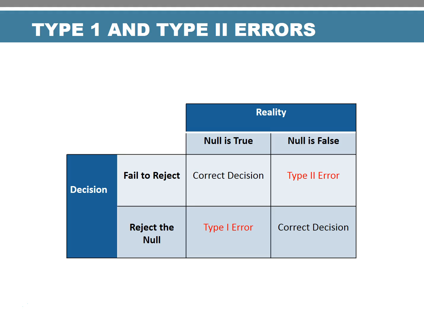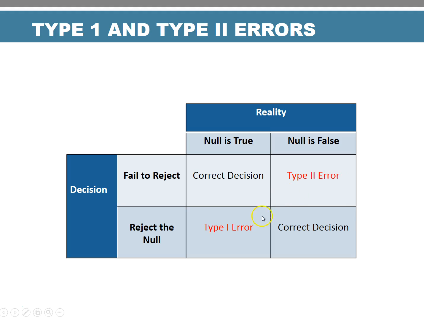Okay, so coming back to that matrix we saw in the beginning, we have the reality of our situation, the null is true or the null is false, and we have our decision, fail to reject or reject the null. So we have a correct decision when we fail to reject the null and the null is true. We have a correct decision when we reject the null and the null is false. However, we commit our type 1 error when we reject the null, but the null is actually true, and our type 2 error when we fail to reject the null and the null is false.